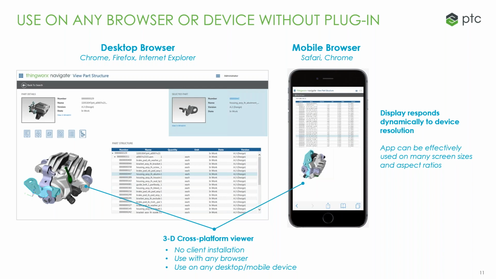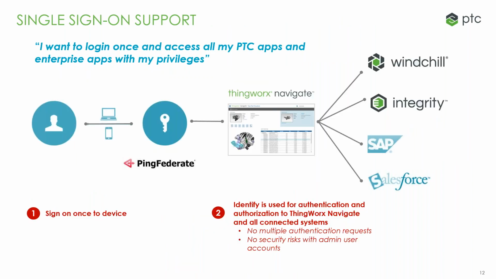So the plugin itself doesn't require any installation. It's native in the web page itself. And that means users on Apple operating systems and users on Android operating systems can use their devices to browse into the Windchill system for 2D and 3D files.